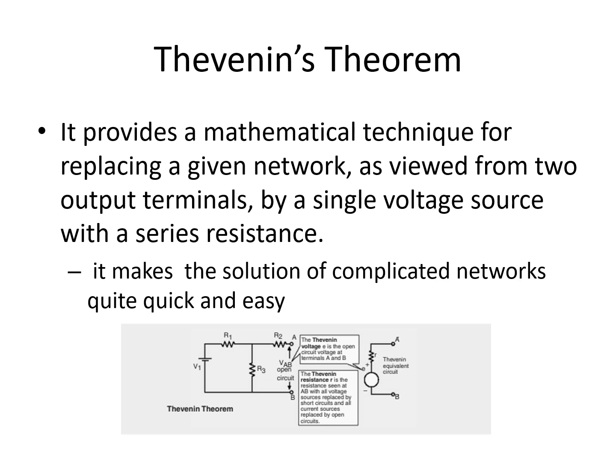Any complicated network made up of two or more sources or two or more resistances, we can actually simplify into a single voltage source with a series resistance. So it makes the solution of complicated networks quite quick and easy.